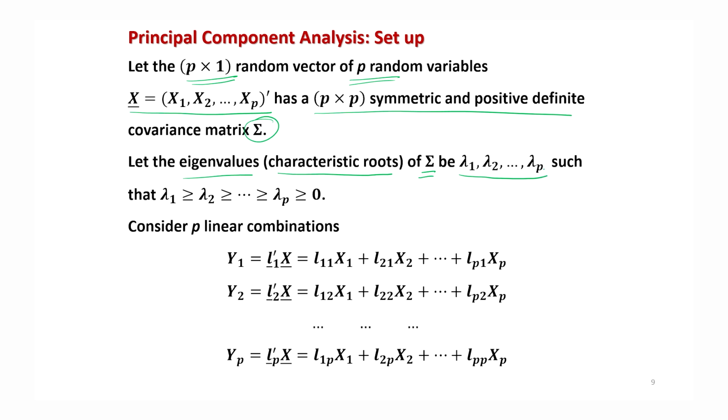Because sigma is positive definite, it will have p characteristic roots. Suppose we order them so that lambda 1 is the maximum value out of all of them and lambda p is the minimum value, right?